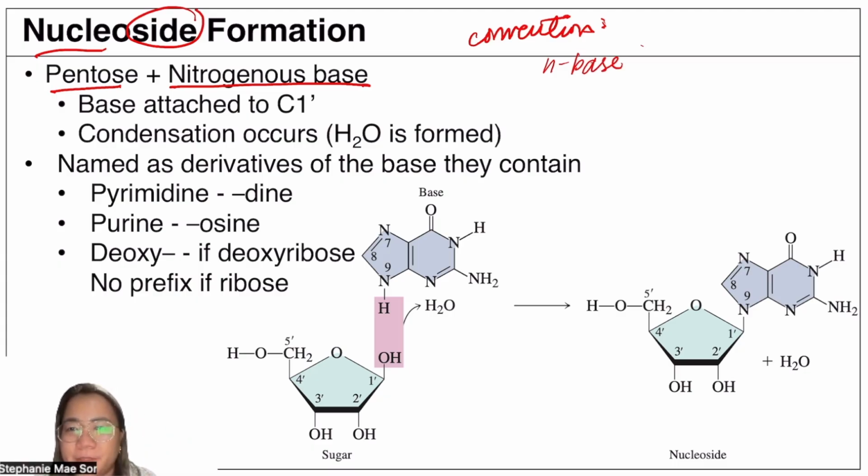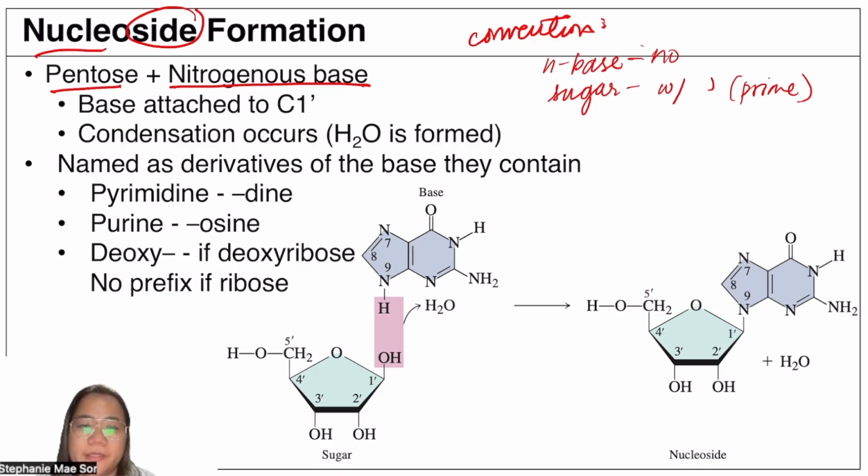When you are numbering naman your carbons on your sugar, you add a prime. So, prime yung i-add mo kapag you're talking about sugar. So, 1 prime, 2 prime, 3 prime, 4 prime, 5 prime. So, pag sugar, you add a prime. Kapag dun sa nitrogenous base ka nag-number, you don't put a prime. Okay? Clear? Let's go.